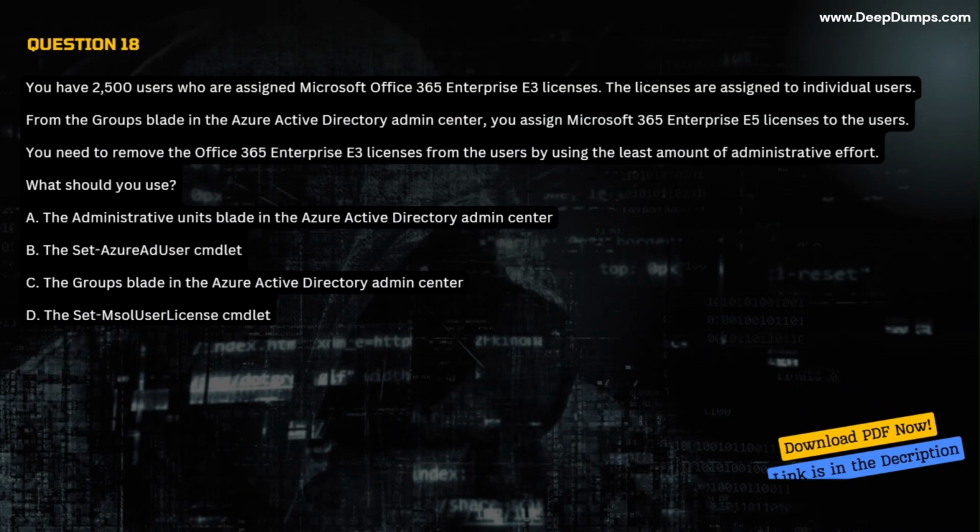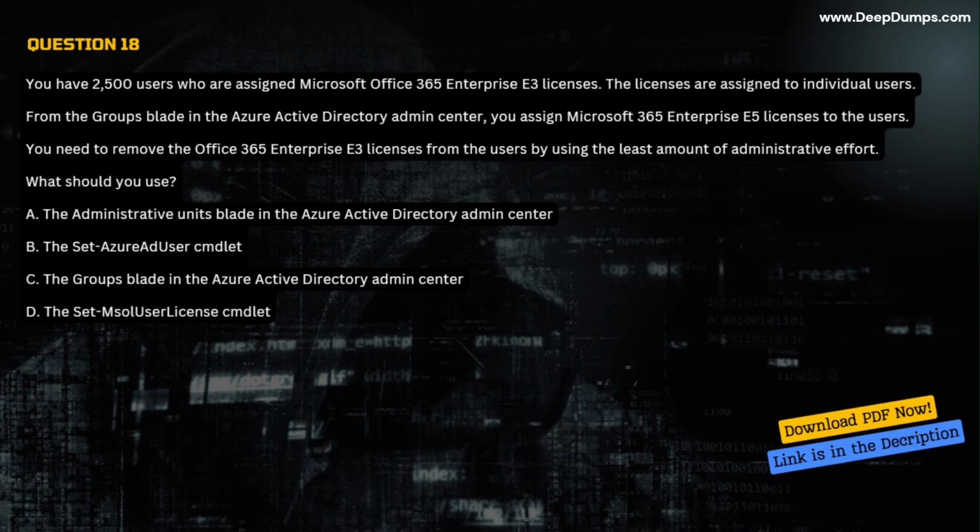Question 18. You have 2,500 users who are assigned Microsoft Office 365 Enterprise E3 licenses. The licenses are assigned to individual users. From the groups blade in the Azure Active Directory Admin Center, you assign Microsoft 365 Enterprise E5 licenses to the users.